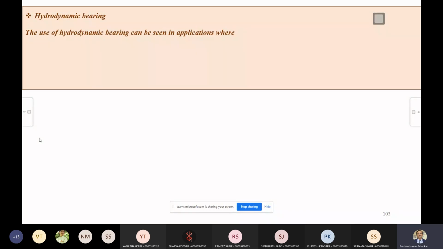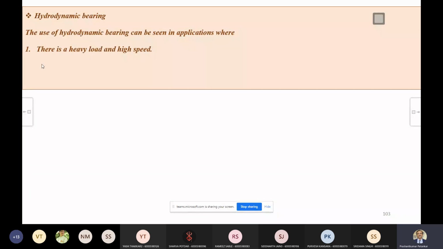So when there is a heavy load and the shaft is rotating at a higher speed, that time we make use of this hydrodynamic journal bearing.